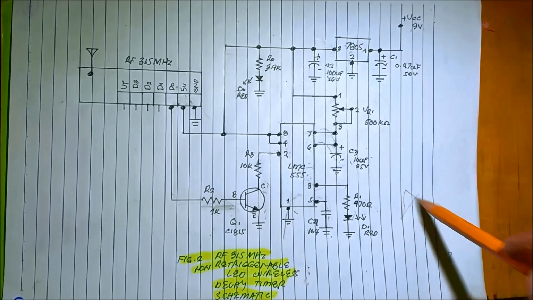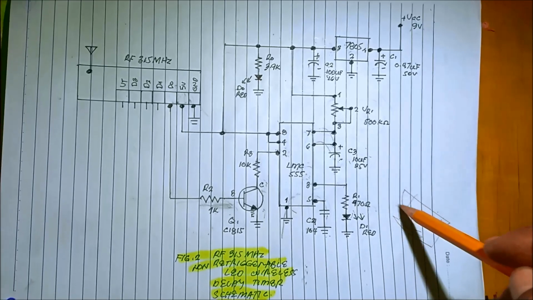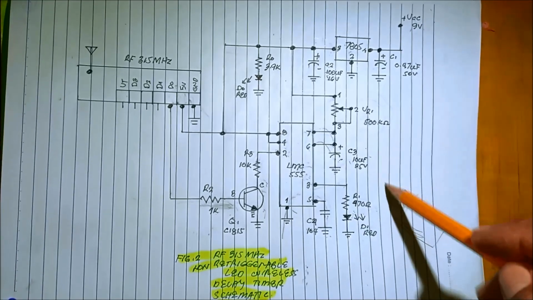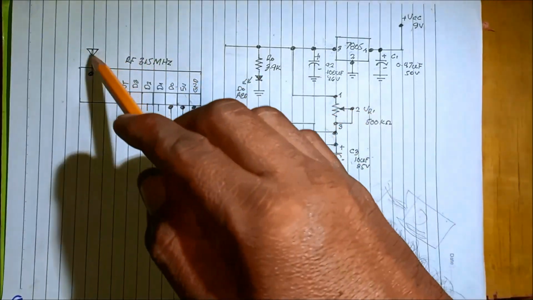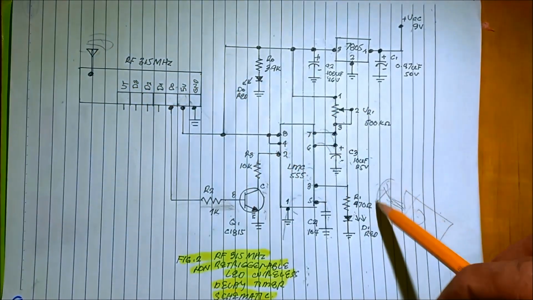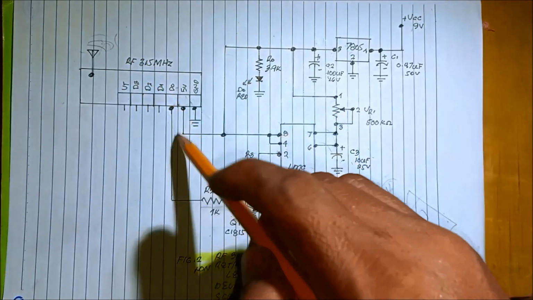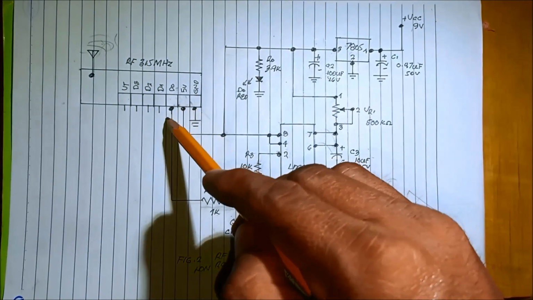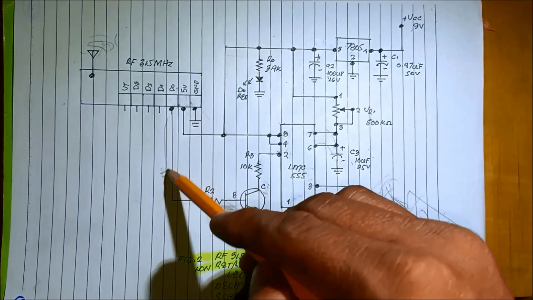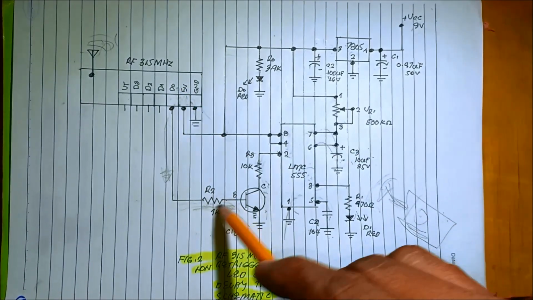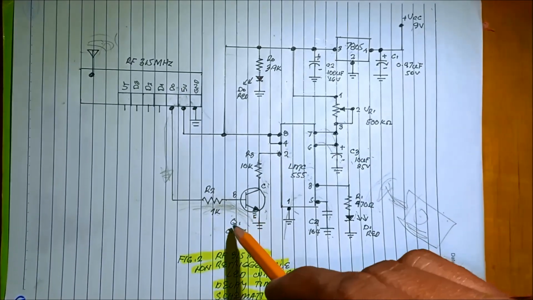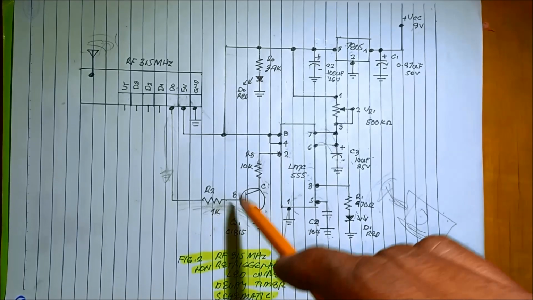When we push the button on the transmitter, the signal is received by the receiver, and then current flows from the DO to the base of the transistor, triggering the base current to switch on this transistor.